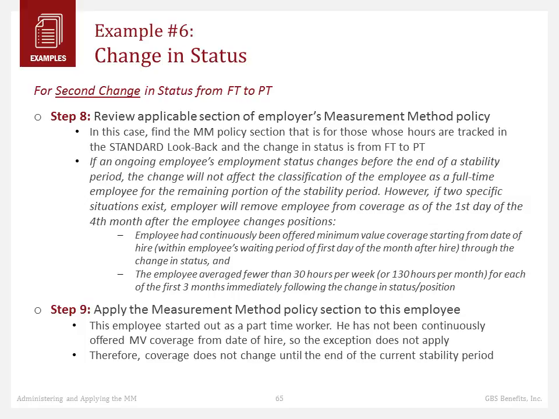So the exception doesn't apply, and so the first part of this paragraph that's in italics does apply, which says again, the change does not affect the classification until the remaining portion of the stability period. So they wouldn't be able to take this employee off coverage until that time. So hopefully that makes sense.